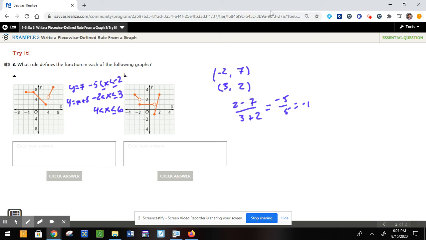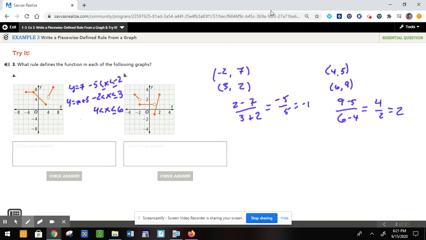All right, and then what's the slope here? We've got the ordered pair 4, 5. And you got the ordered pair there, 6, 9. So it's 9 minus 5 over 6 minus 4. And that equals 4 over 2, which is 2.